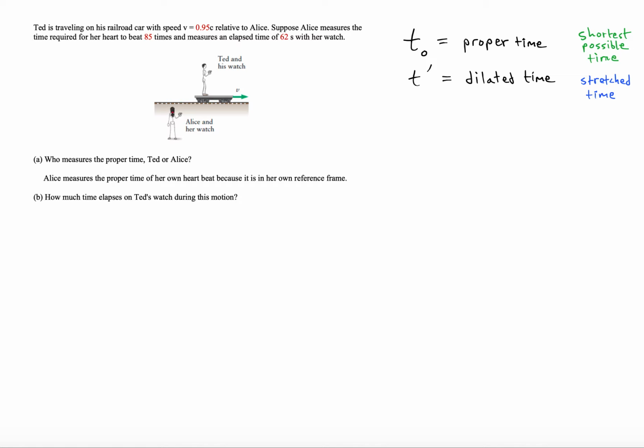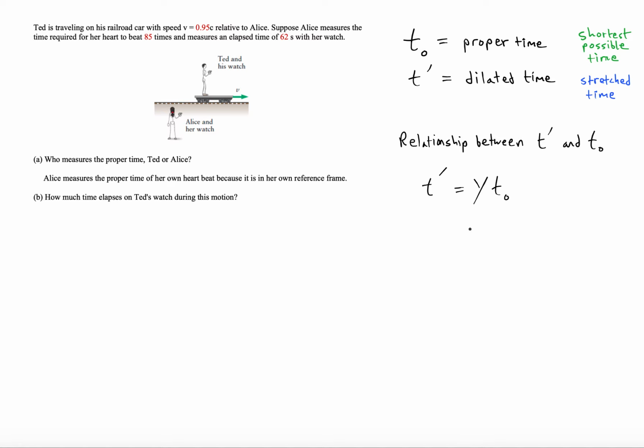Last time I said that there was a relationship between dilated time and proper time, and that relationship is T prime equals gamma times the proper time.